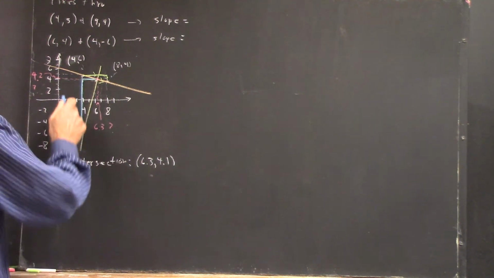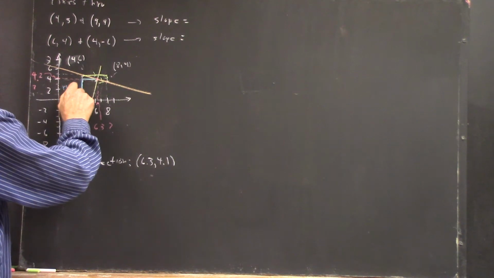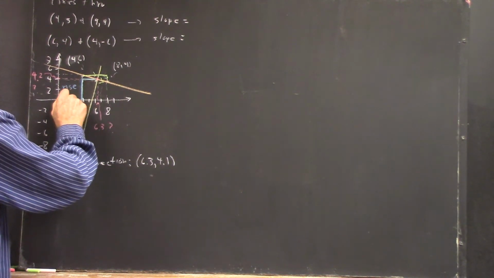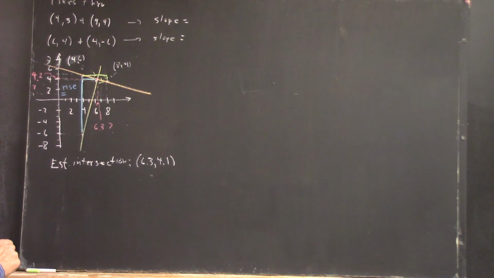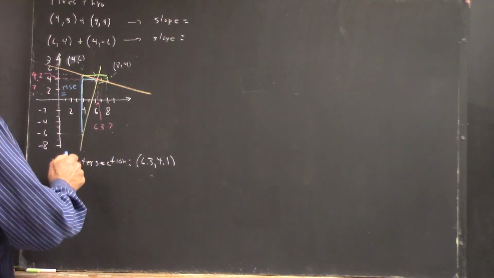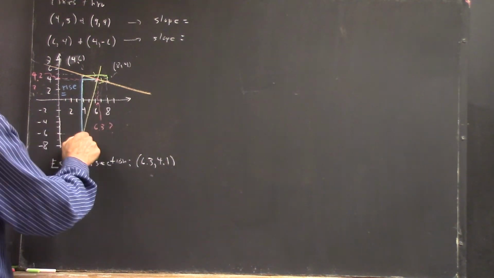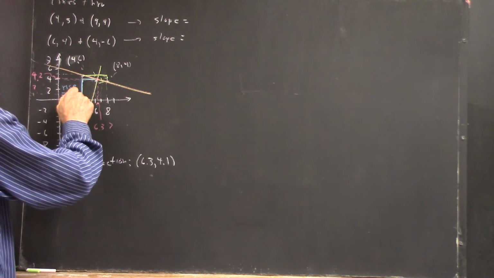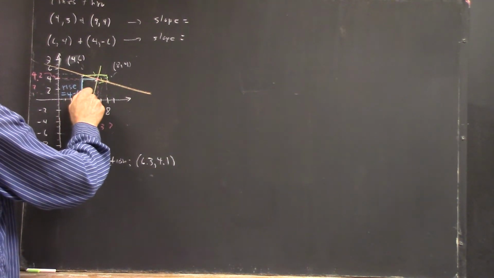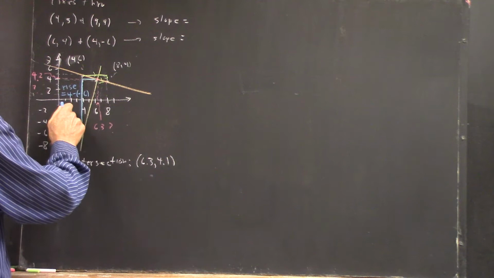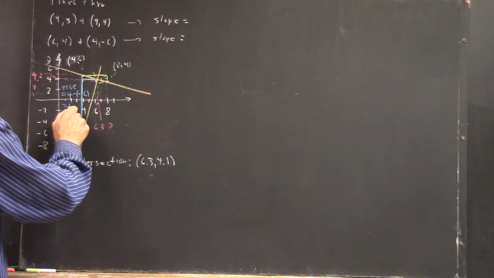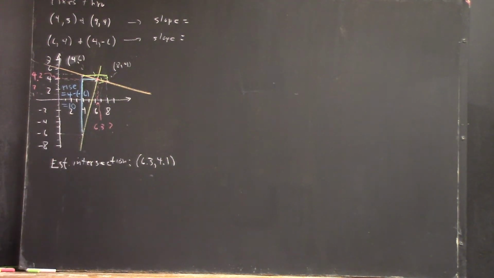Okay, so rise equals what? It's 4 minus negative 6, which is 10.